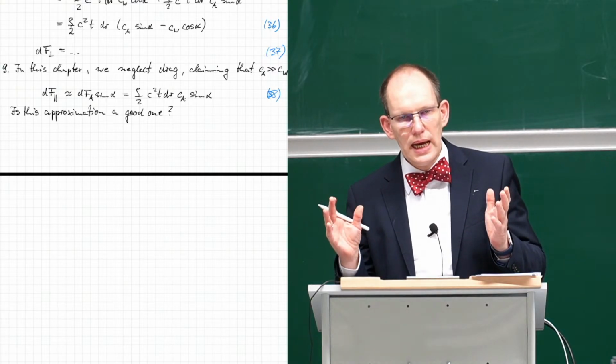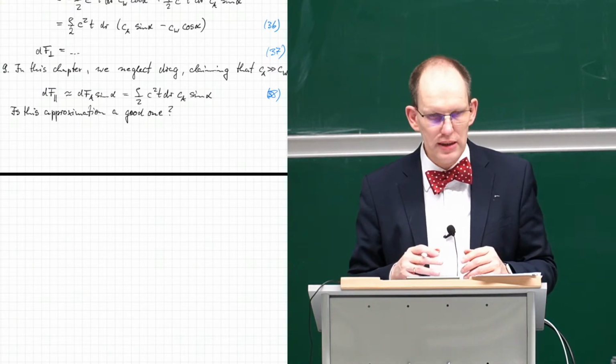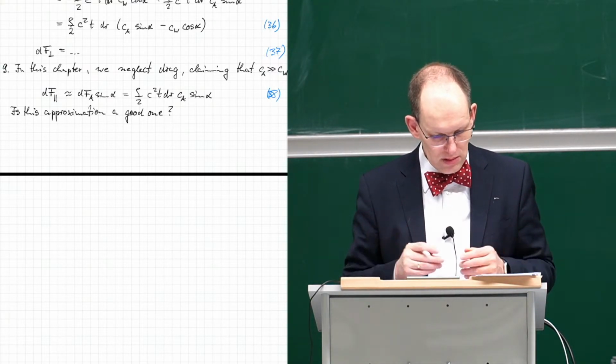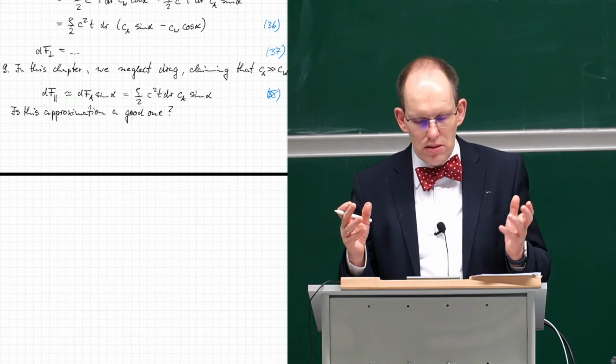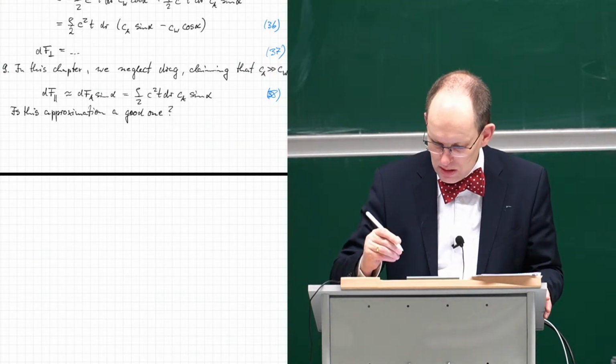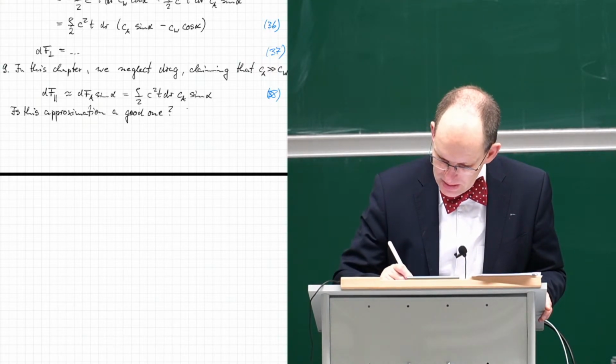Well, sure, CA is much larger than CW. So a glide ratio of 40 is not so seldom. Yeah?